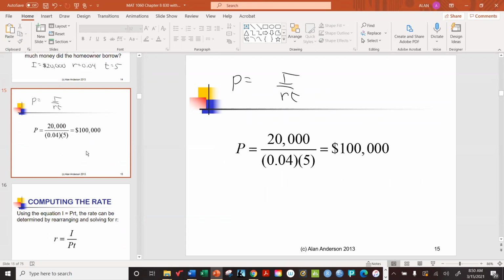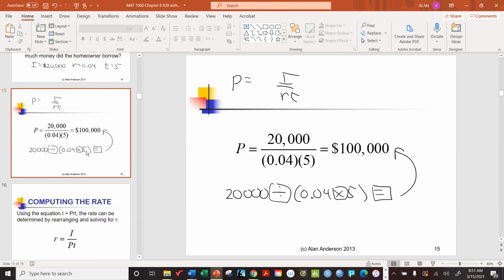When we plug in these numbers, and being very careful, by the way, on your calculator, what you have to do is put 20,000 divided by, and then in parentheses, 0.04 times 5, close, equals.